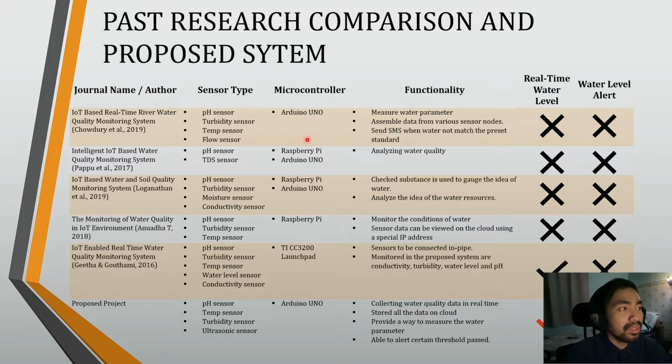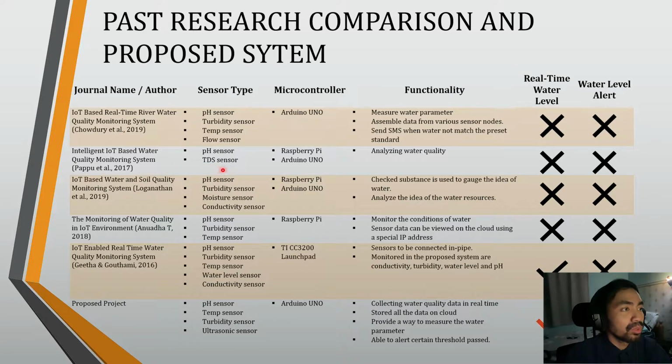The microcontroller that they use is Arduino Uno. For functionality, it measures water parameters, assembles data from various sensor nodes, and sends SMS when water does not match the preset standard.